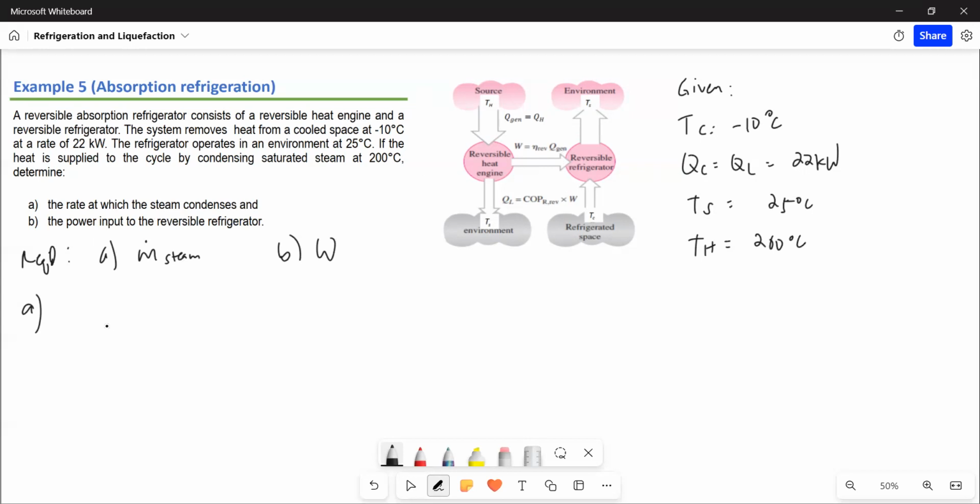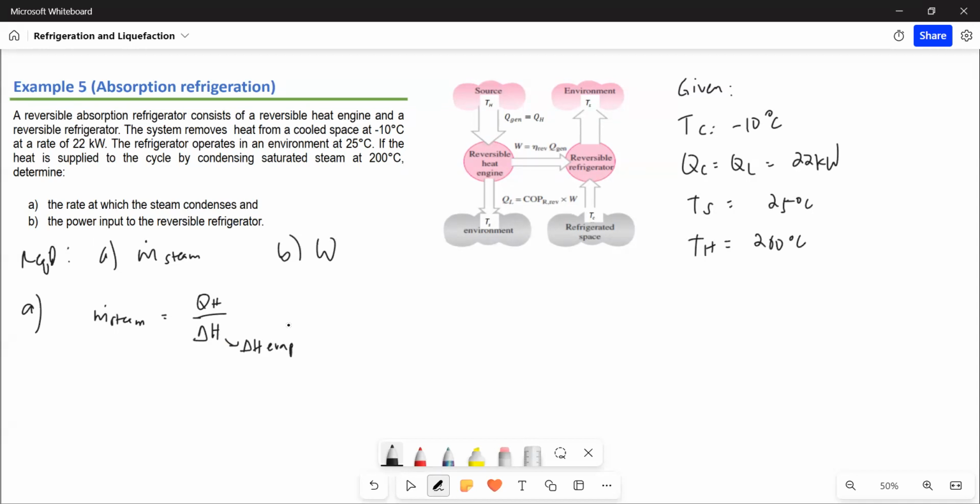The mass flow rate of the steam would be equal to QH over delta H. So if we're talking about steam, it's delta H of evaporation, right?